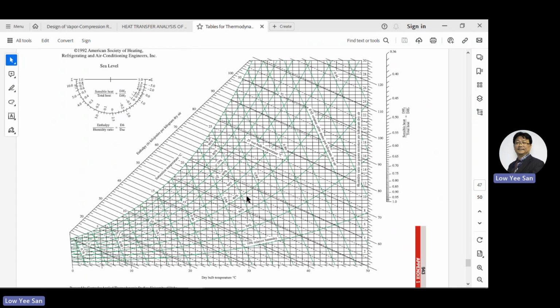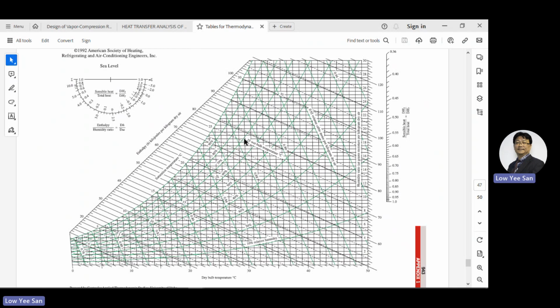You have to really pay attention. Okay, 70% humidity, so somewhere here. So you go all the way out, and then you get your enthalpy here. So about 70 something.